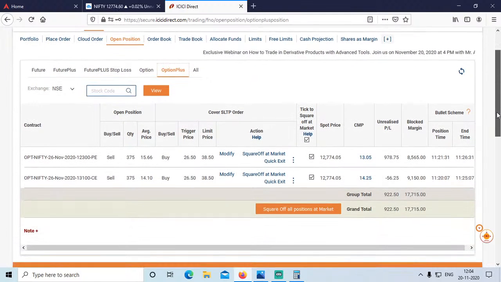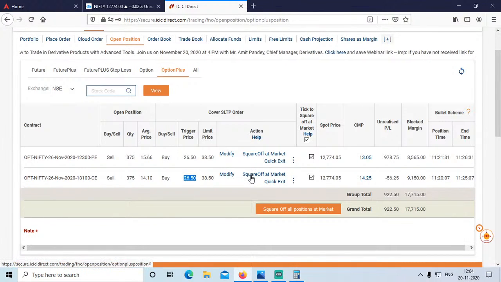Here you can see your trigger price is 26.5. So here you have square off at market, square off at market. These are the two links that you have to click. In case you don't want to do it one by one, just click square off all positions at market. At one stretch, both options will be squared off. So just one click, everything will be squared off.